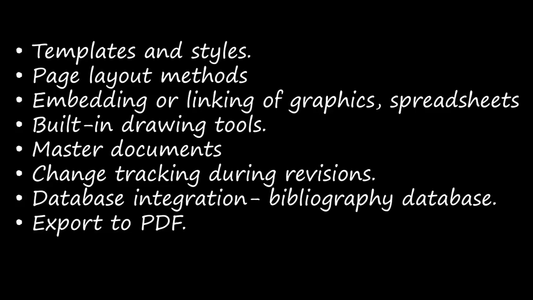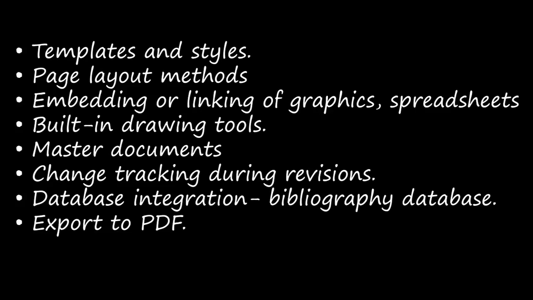Embedded or linking of graphics, spreadsheet and other objects. We can link other spreadsheets or some other graphics into this word processor also, right? Built-in drawing tools. Inside the OpenOffice Writer itself, drawing tools are also available here.